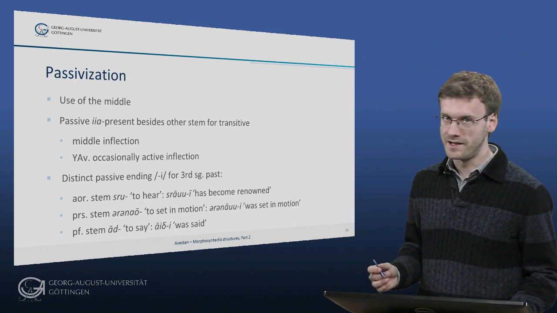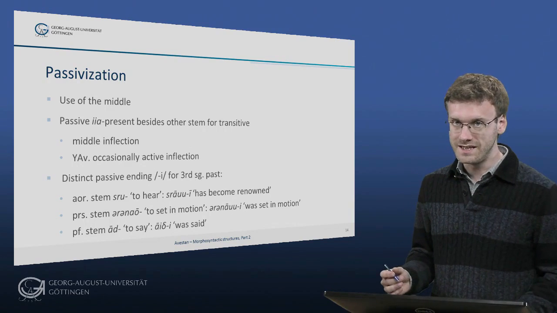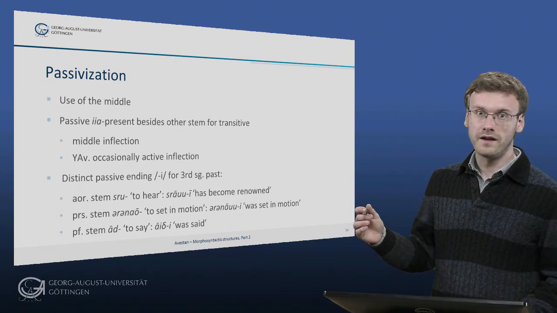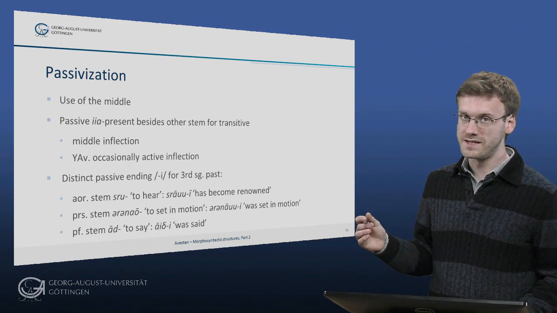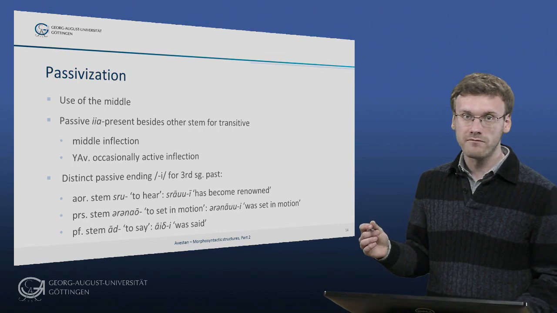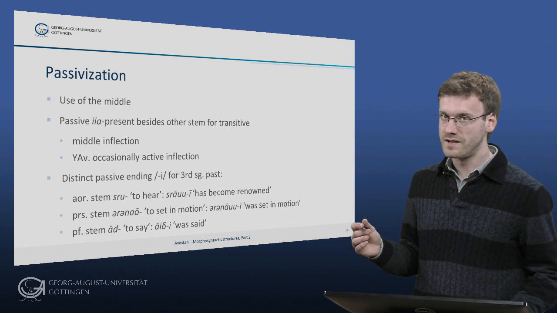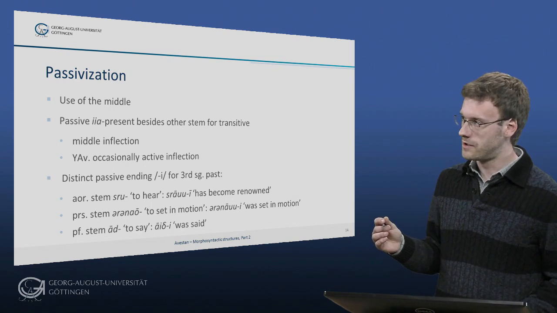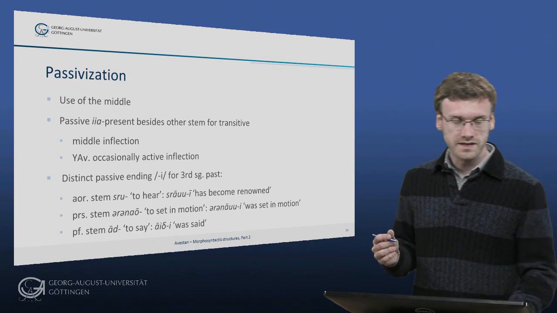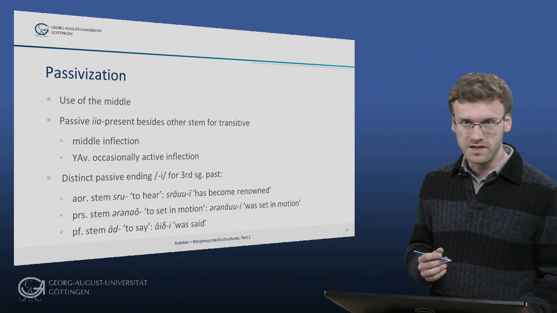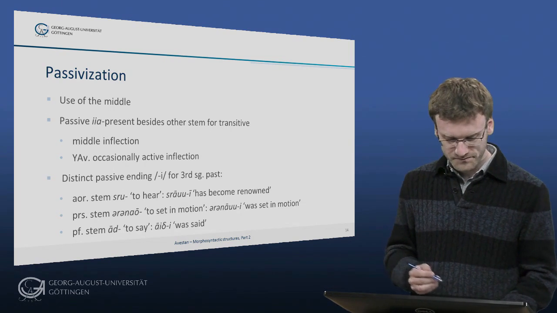The second device, a distinct passive ending i, is available in the aorist, present and perfect stem. However, its scope is also limited because it has explicit past tense value and is moreover restricted to the third person singular. You can see an example built from each of the three aspect stems here.